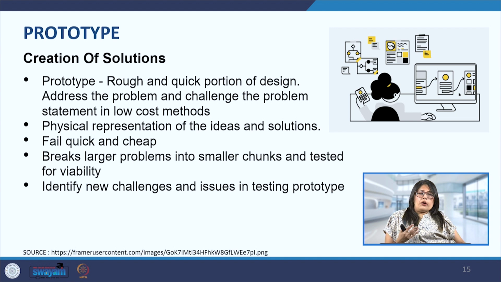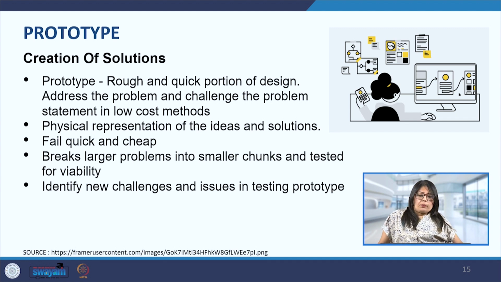So something that we scribbled down during a brainstorming session, we can now transform into, say, a quick version of what the landing page may look like, where the image will come, where the text will come. So it gives us a very quick idea of how it might appear.